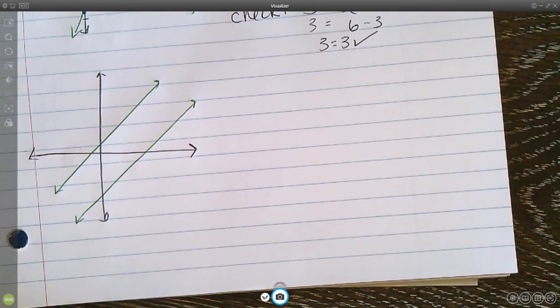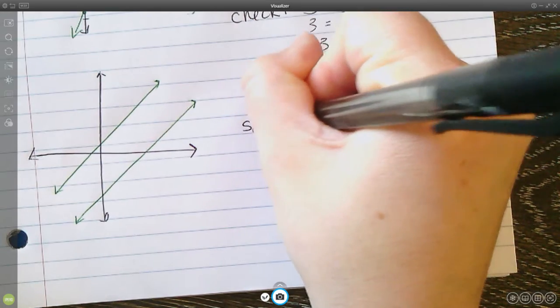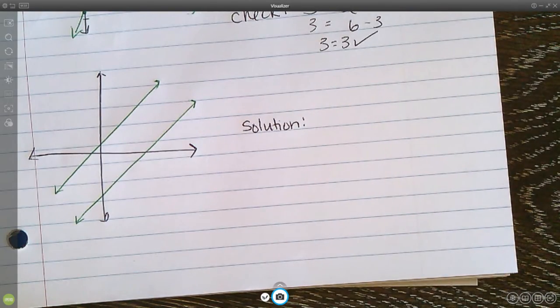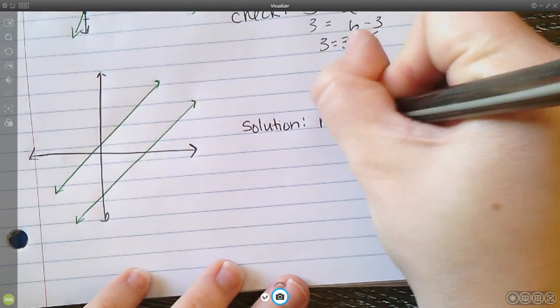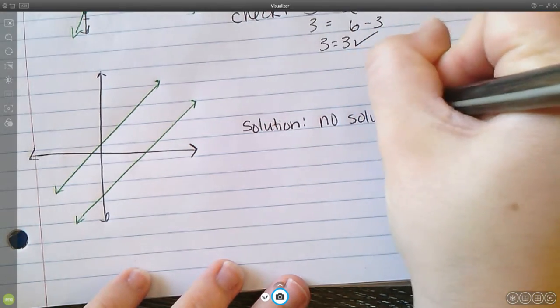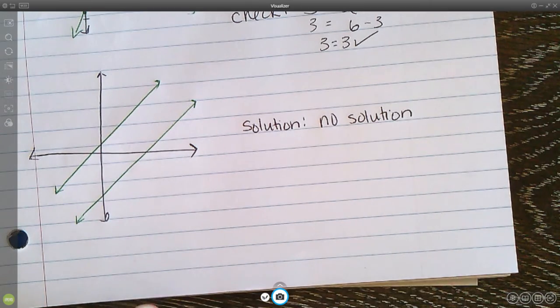What do you think the solution is for this one? Remember, the solution is where the two lines are going to intersect. But these lines appear to be parallel, which means they're never going to intersect. So all that means is you have no solution. If your lines are parallel, you're going to have no solution.